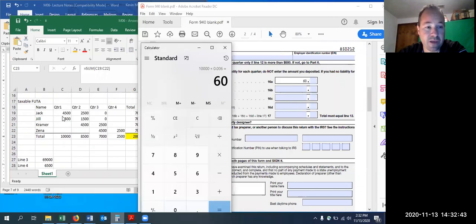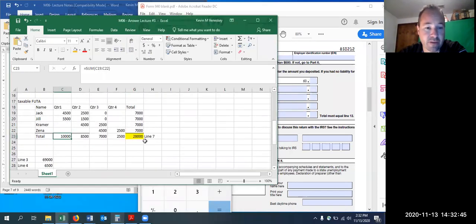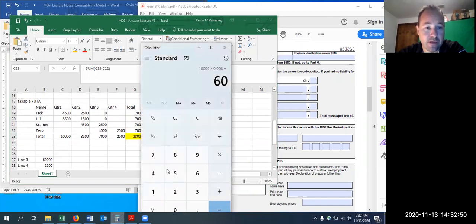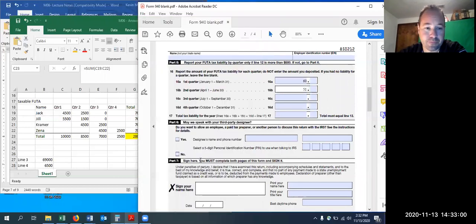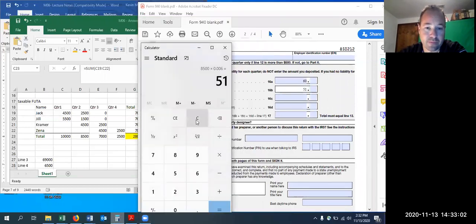And we're going to do the same thing using, this is our third chart that I made to figure up how much this line 7 was, using the same chart, just going per quarter now. 8,500 was how much was taxable in quarter 2 for my employees. $51. 7,000 times 0.006, 42.